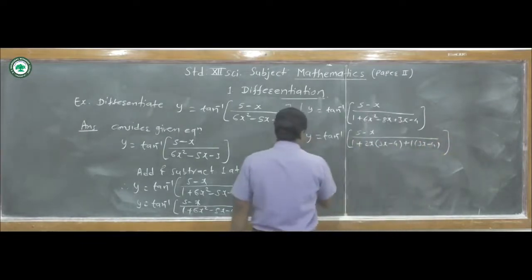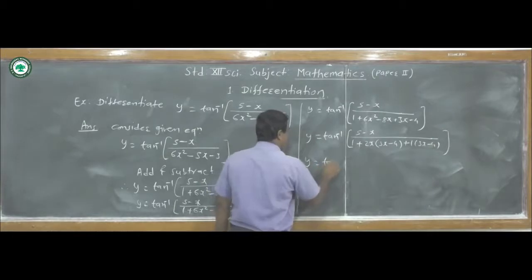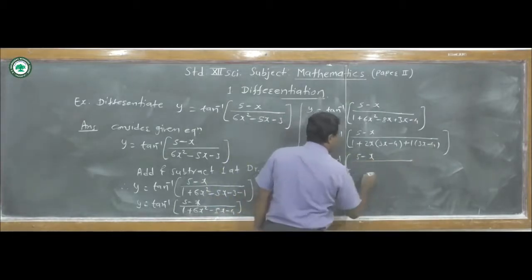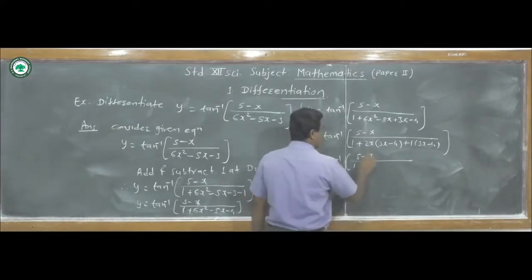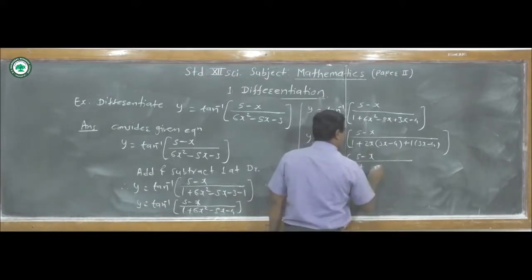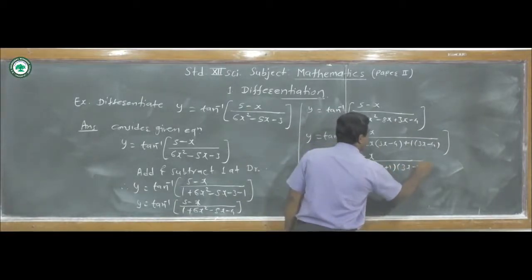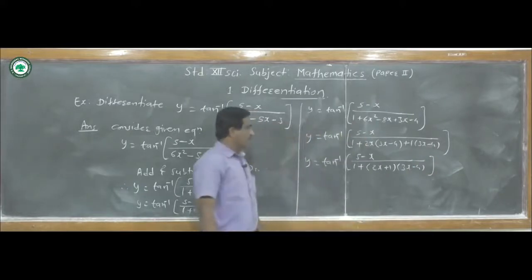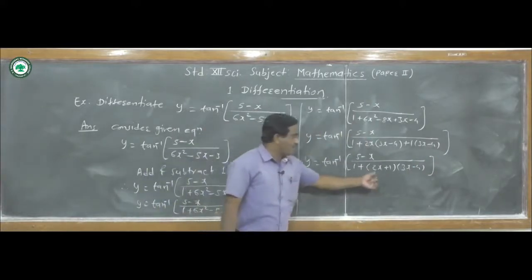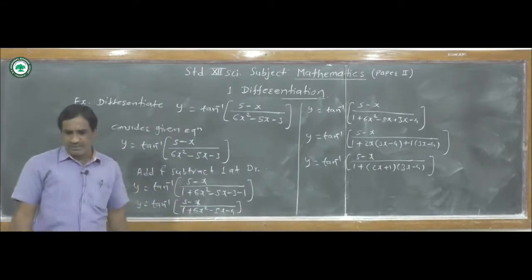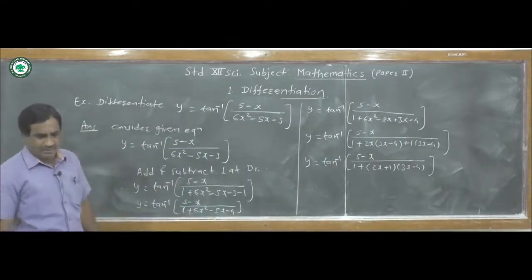Okay, that is y is equal to tan inverse of (5 minus x) upon 1 plus, take 3x minus 4 common, in bracket remains (2x plus 1) into (3x minus 4). Okay, now adjust these factors at the numerator, that is 2x plus 1 and 3x minus 4.